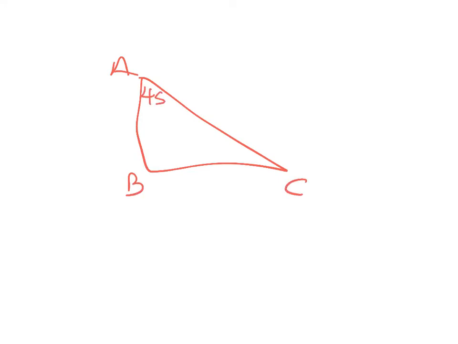Let's say your triangle gave you A, B, C. Let's say this was 45 and this one was 25, and then you were trying to find B, and then they gave you maybe A was something and C. Let's fix this.